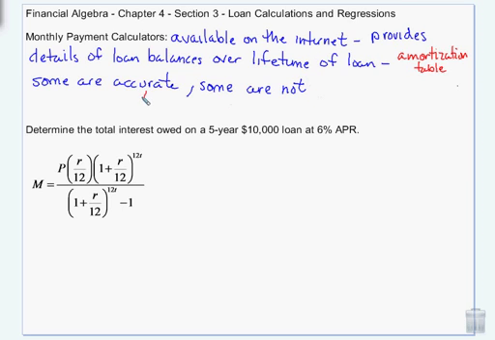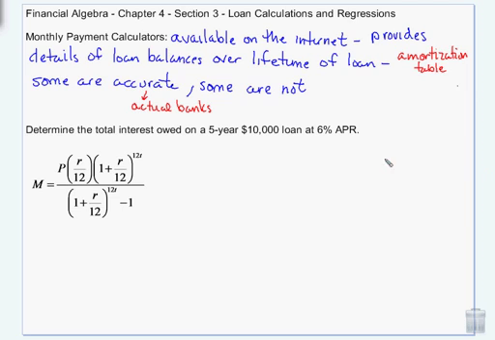The more accurate ones tend to come from actual banks. So if you're looking for a monthly payment calculator online, go to a bank website to get the most accurate information.